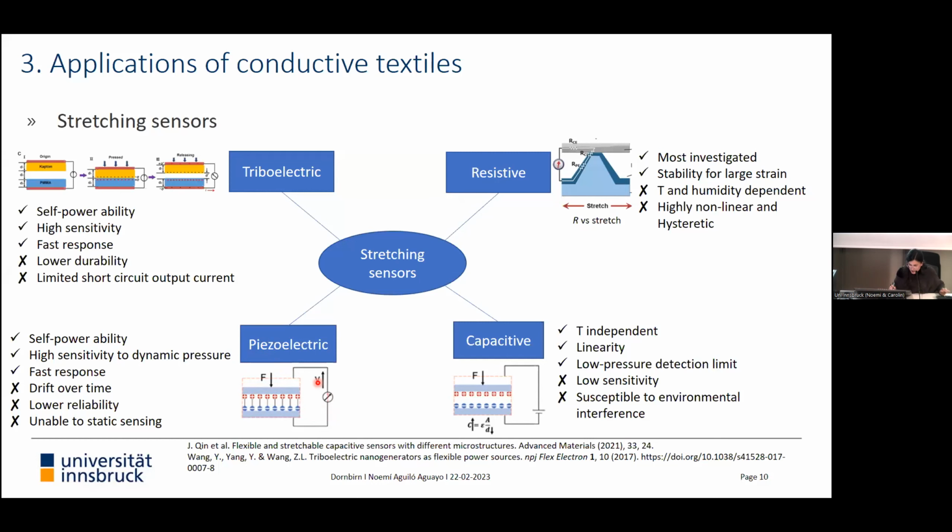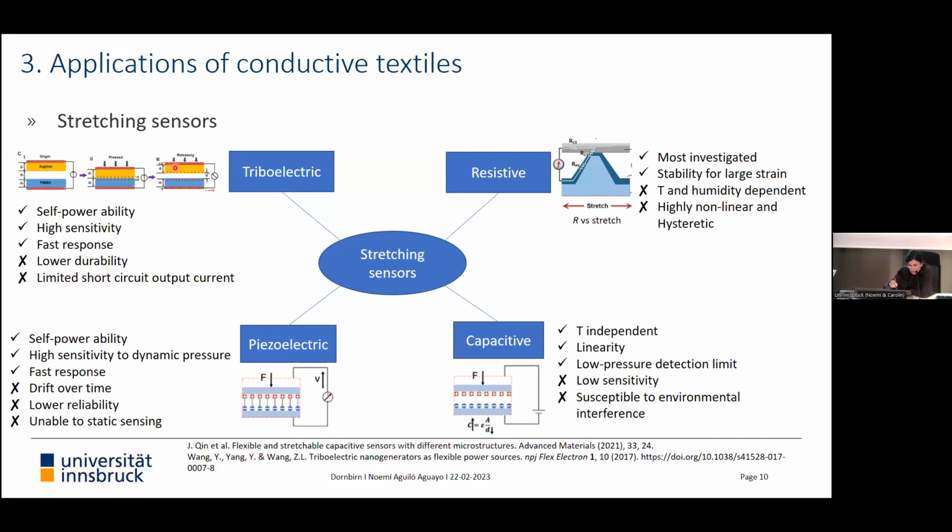And the last one is the sensors based on the triboelectric effect. Here what we have again is two conductive substrates, and in the middle we have two non-conductive materials, different materials with different polarity. And the idea is when we put these two materials in contact, there will be a distribution of charges.